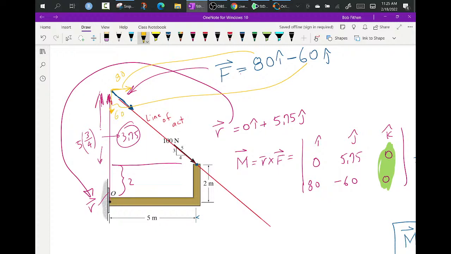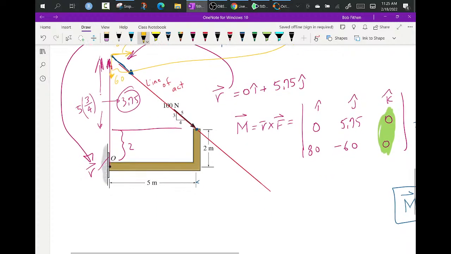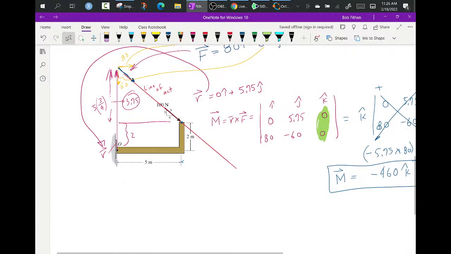Now, let's take a look at this. Let's simplify this. Here we have our base. This is point O. We have a vector going out here to here. We have a force 80. And here we have a force this way of 60.